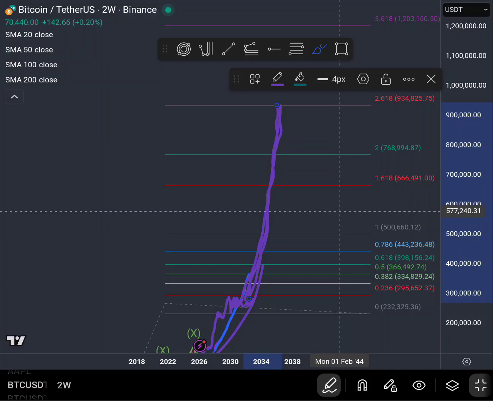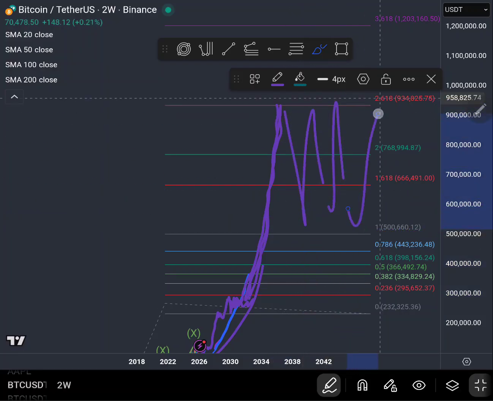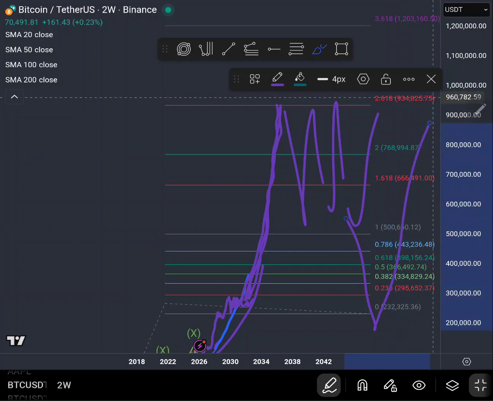It might stay high for really long, it might go sideways for decades, or it could come lower and then take off again. It could do all sorts of stuff, but that's way in the future. Why worry about that now?